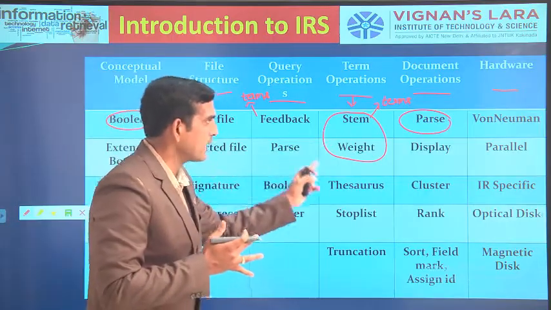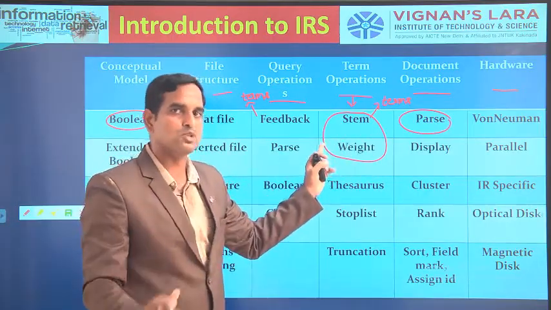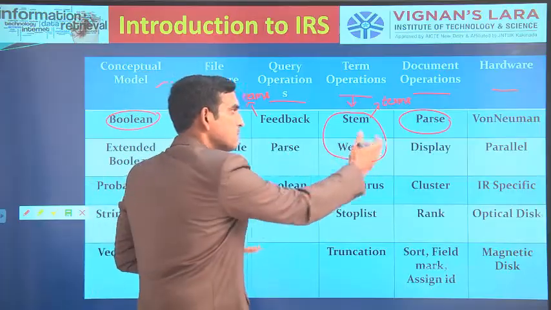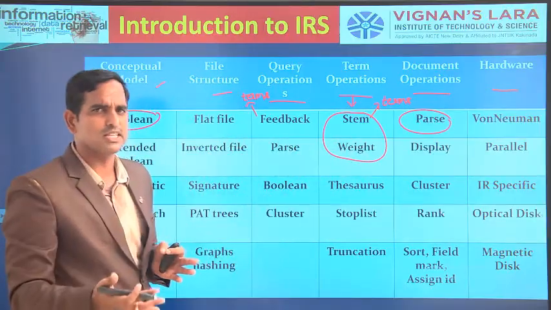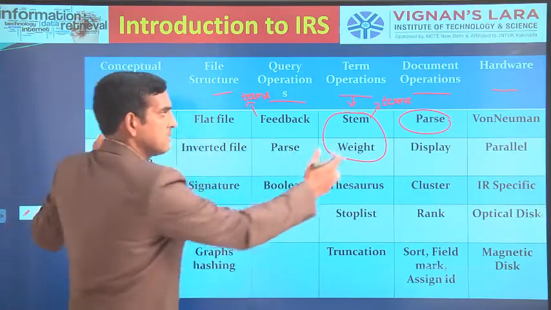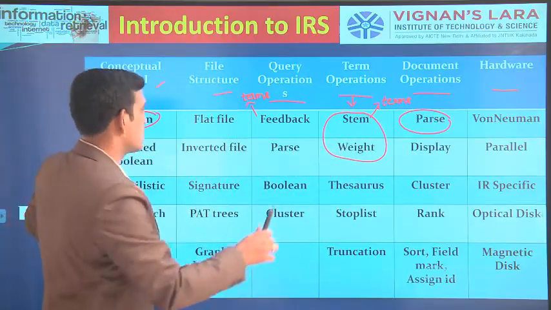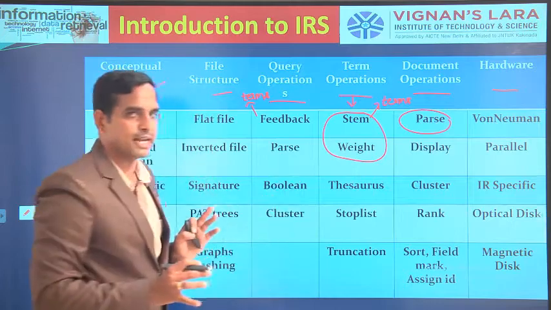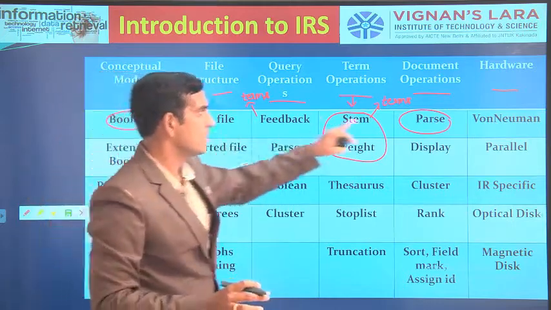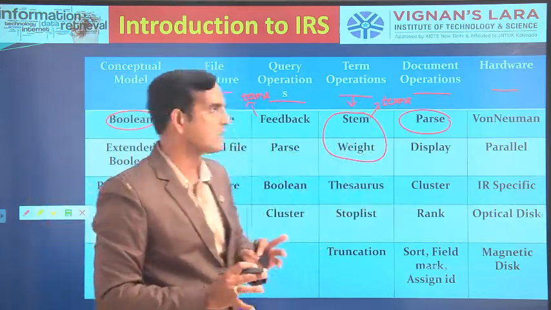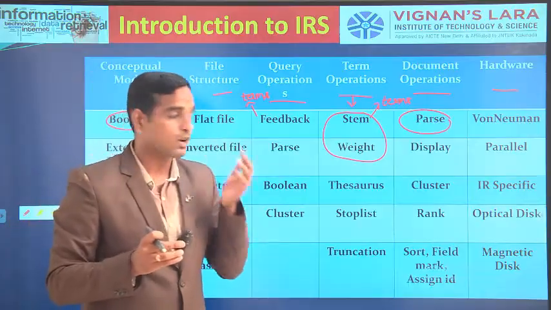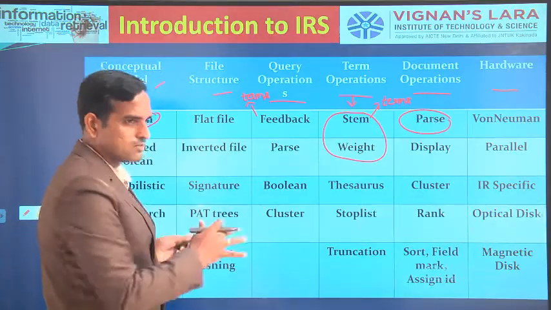Some things will not be mutually exclusive, that is, you can implement both the things in the information retrieval systems. Some things will be mutually exclusive, that is, they should not be implemented at the same time. That is, whenever you are using boolean, you should not be using parsing method for your document operations. So these are the terms.